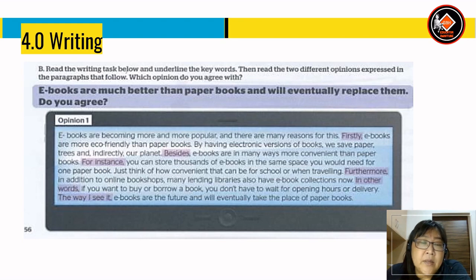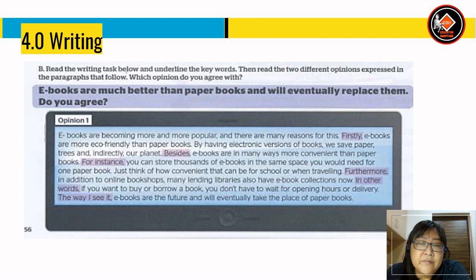E-books are becoming more and more popular, and there are many reasons for this. Firstly, e-books are more eco-friendly than paper books. By having electronic versions of books, we save paper, trees, and indirectly our planet. Besides, e-books are in many ways more convenient than paper books. For instance, you can store thousands of e-books in the same space you would need for one paper book.